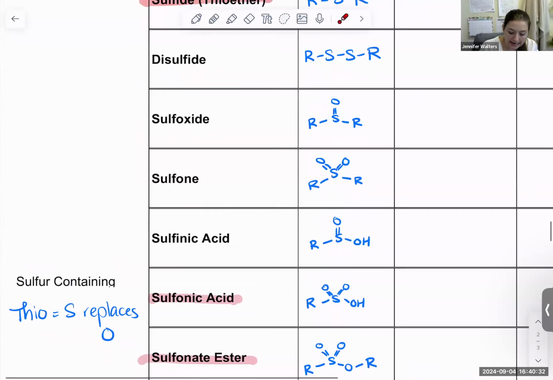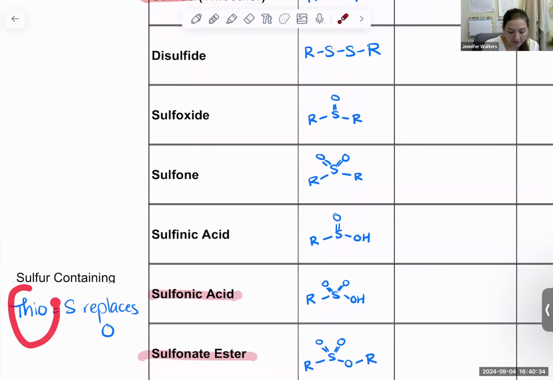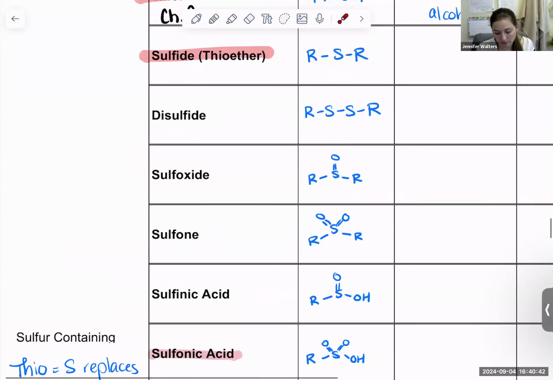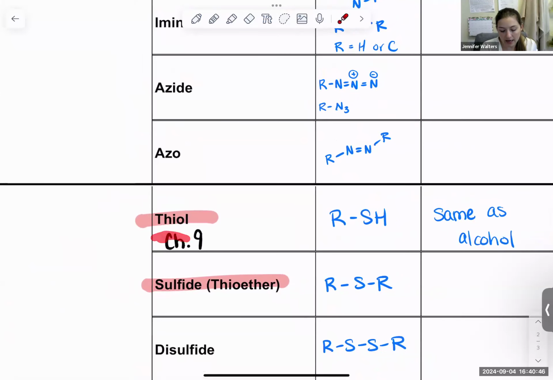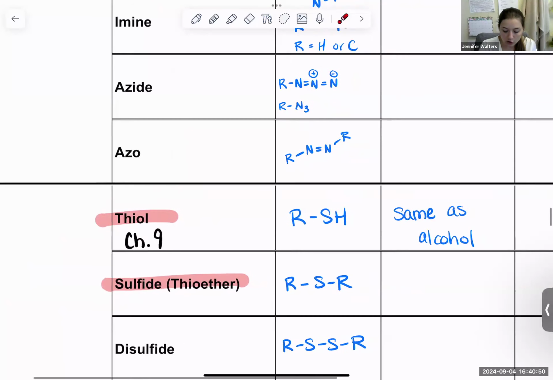Our sulfur-containing functional groups have thio generally replacing the oxy in the name, and that's just saying sulfur replaces oxygen. So if I look at a thiol, that is saying that my sulfur has replaced the oxygen in an alcohol. So you just have RSH. It's the same general classifications as the alcohol.